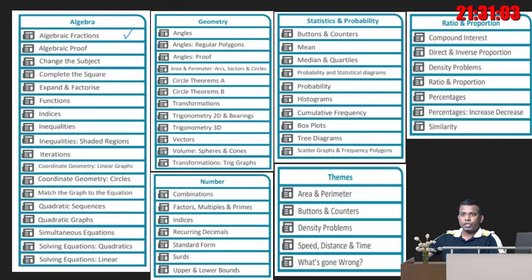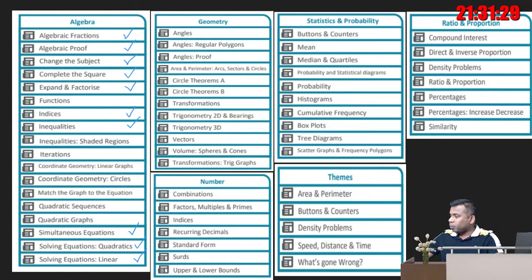In the algebra sections: algebraic proof, changing the subject, completing the square, expanding and factorising. Fractions we haven't done, indices we have done, inequalities we have done, and then we have done simultaneous equations, solving quadratics and solving equations, right?